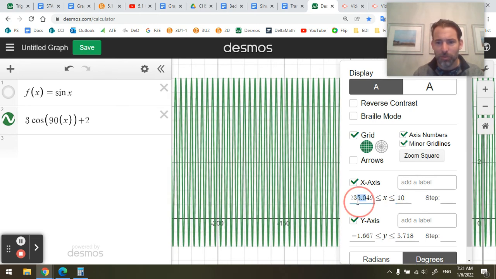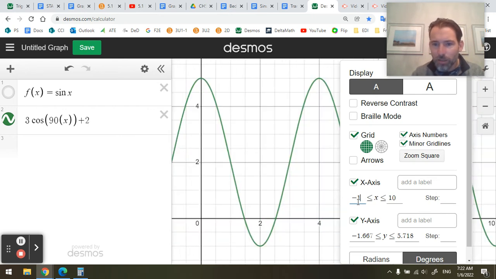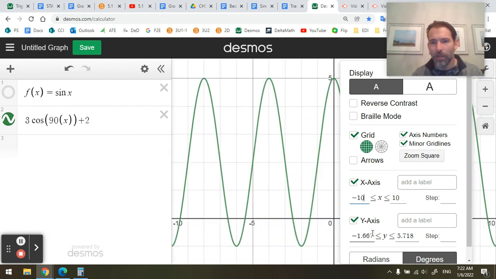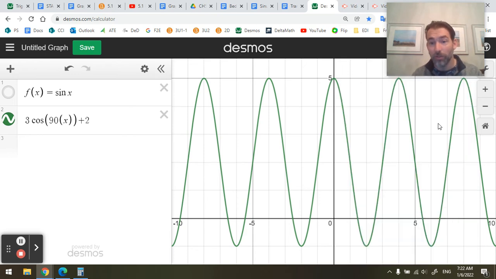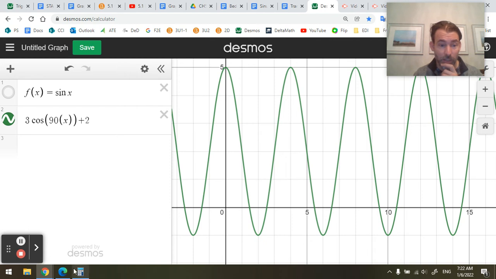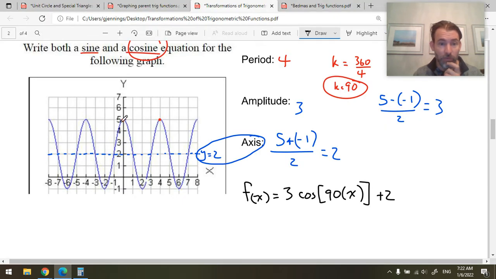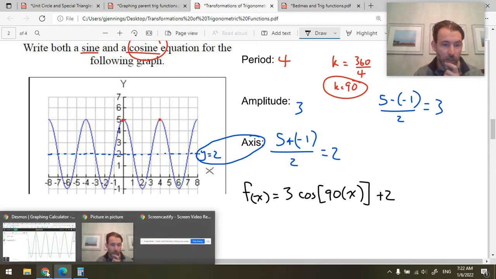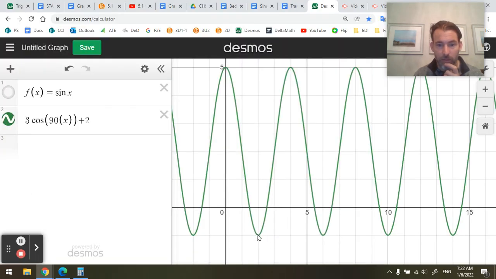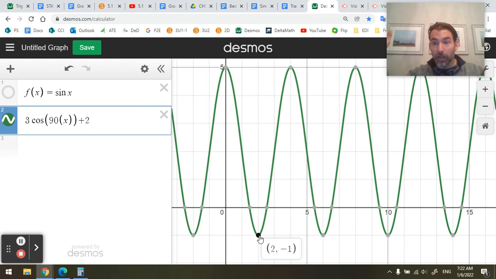And then here I'm just going to put in negative 10. And the y-axis we're seeing enough. All right, so let's compare this function and see if it's the same as the function we were looking at. So here, starts at 5, hits its minimum at 2, and the minimum should be negative 1. Here, 2, negative 1. We are correct, yay!